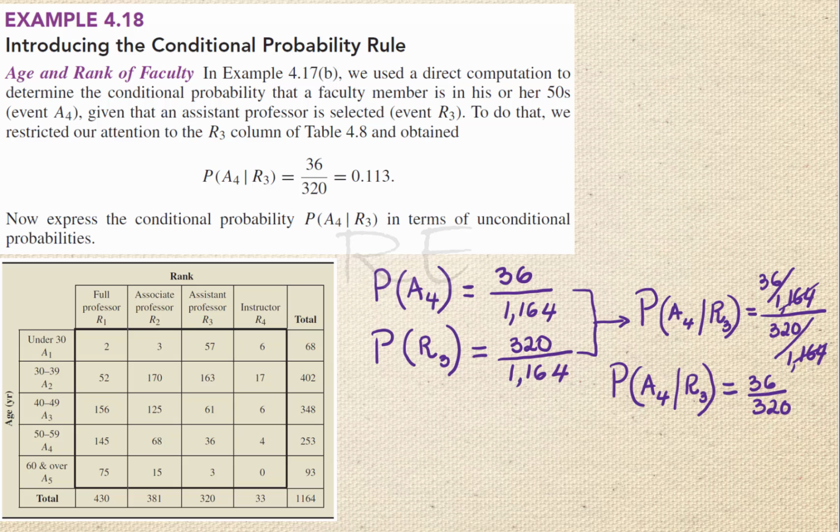Exactly what we found with the formula. So P of A4 given R3 is equal to P of A4 and R3 divided by P of R3.